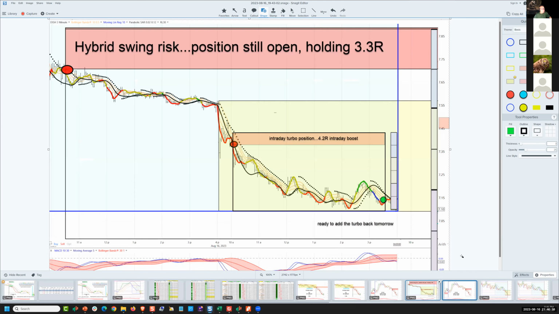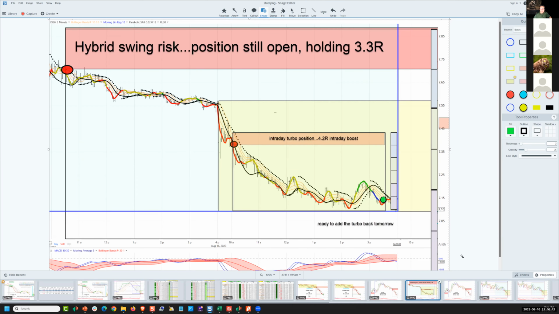What if I decide to pick this one out of my 30 standard symbols that I'm monitoring every day on the 30 minutes? Say, you know what? This thing is actually paying off. And now I can just drop down to my 3-minute chart. Now this was where that first hybrid swing risk was.